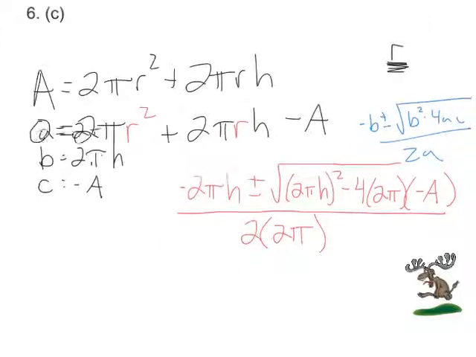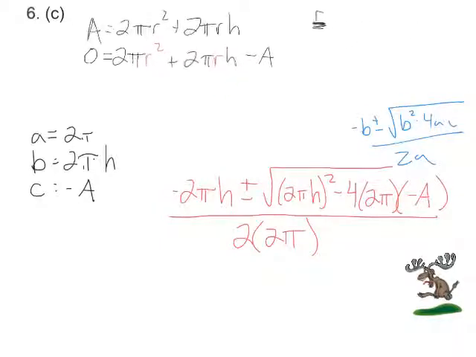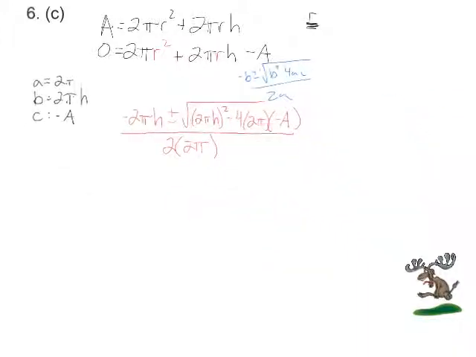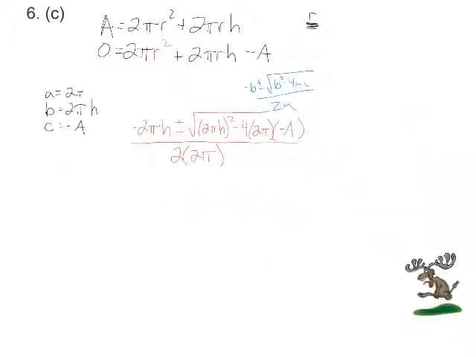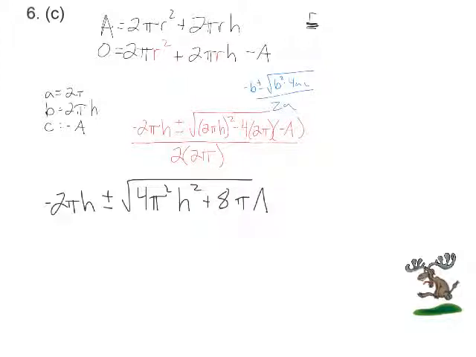So let's shrink this down and try to simplify this as best we can. Negative 2 pi h, can't do anything to that, plus or minus, the inside would be 4 pi squared h squared minus plus 8 pi A, all over 4 pi.